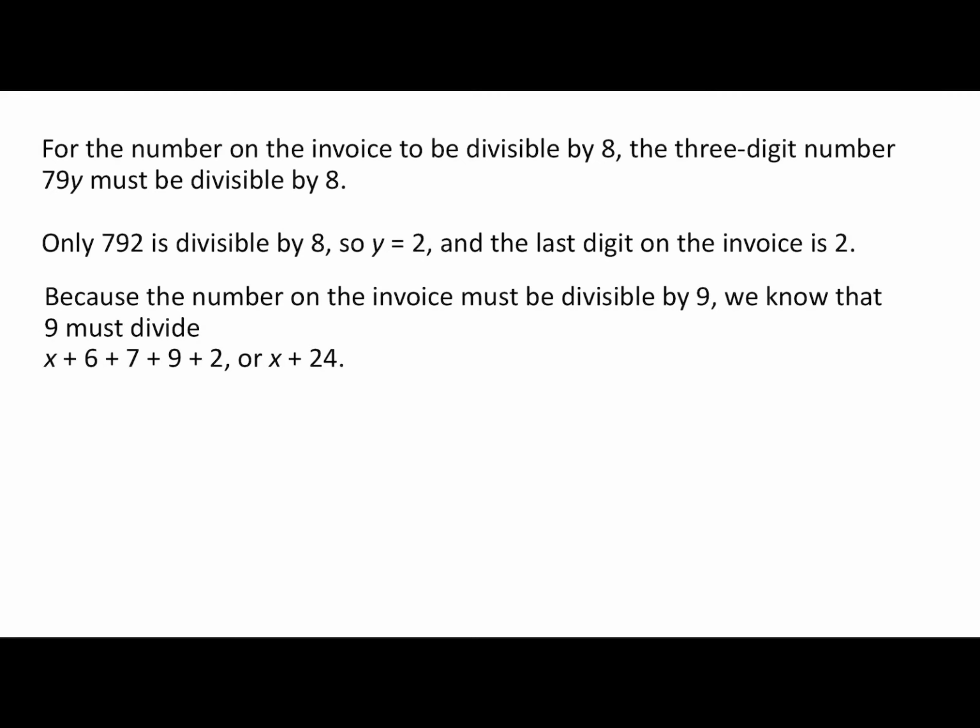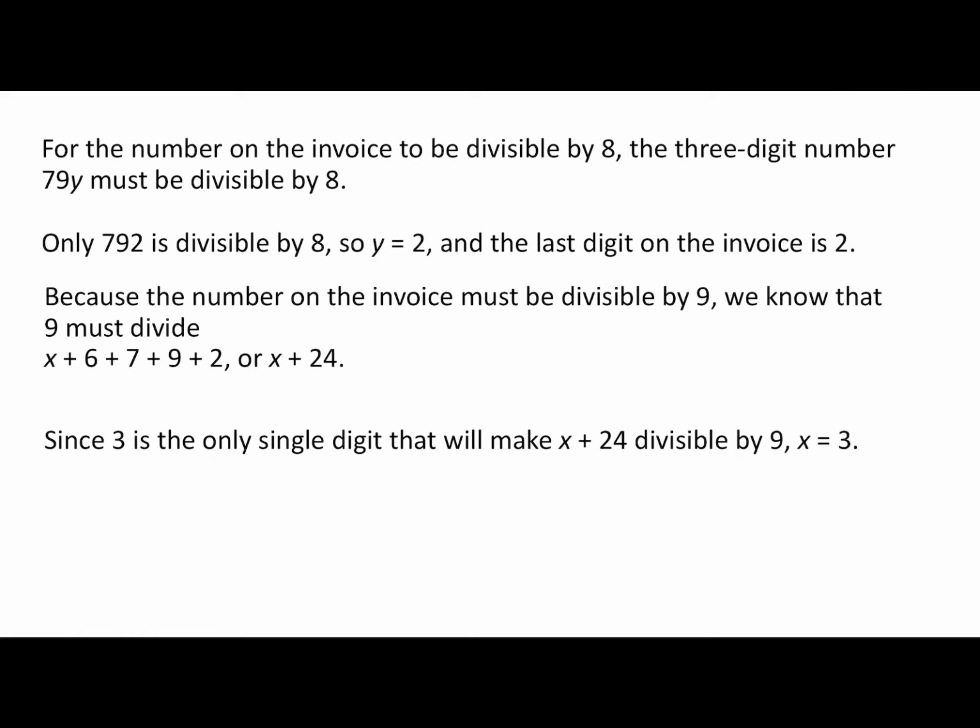I also know that the number on my invoice is divisible by 9, so that means that 9 has to divide the sum of the digits. The sum of the digits now is X plus 6 plus 7 plus 9 plus 2, or X plus 24. So what could X be if X plus 24 has to be divisible by 9? Well, you'll find that 3 is the only number that will work.